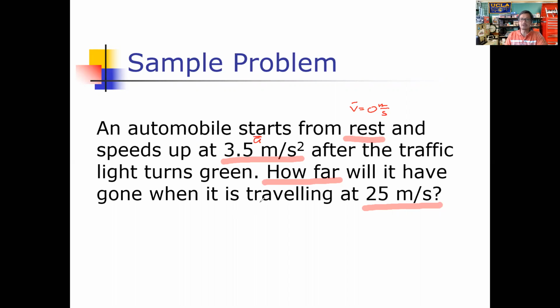And we're told this is going to be your final velocity. So that's the acceleration, this is our initial velocity, this is our final velocity. And here what they're asking us to do is to find the displacement.